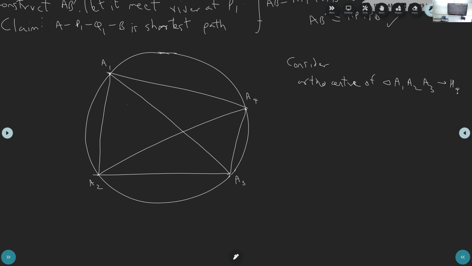So the orthocenter of A1, A2, A3 I will say is H4. And can I label all the orthocenters that way? So then the orthocenter of triangle A2, A3, A4 is H1, right? So let us have only 2 orthocenters to begin with, H4 and H1. And now, can you construct them and tell me if there is anything interesting about them?